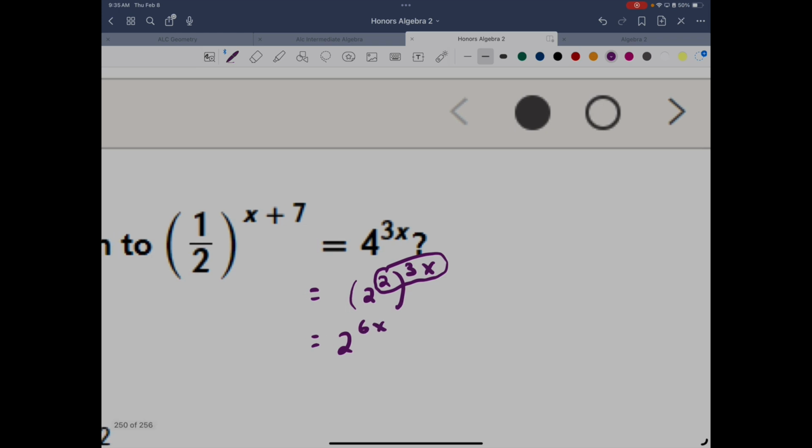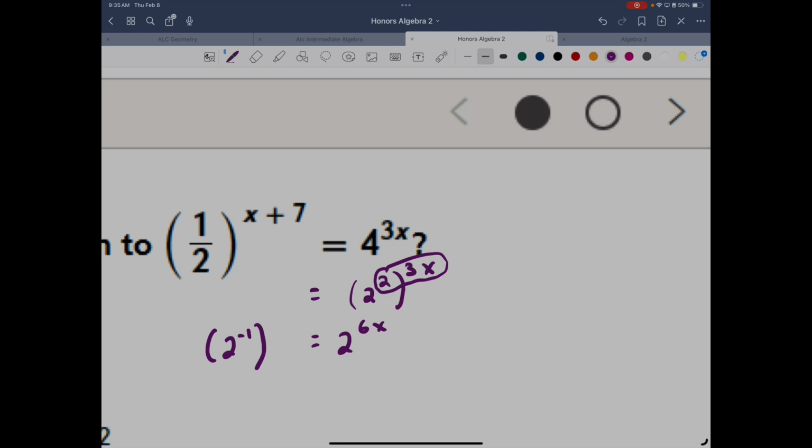Now we've got the half. How do we make a half a base of 2? Didn't we already use that half? Nope, we haven't done this side yet. So 1/2 is the same thing as 2 to the negative 1. 2 to the negative 1 is 1/2.